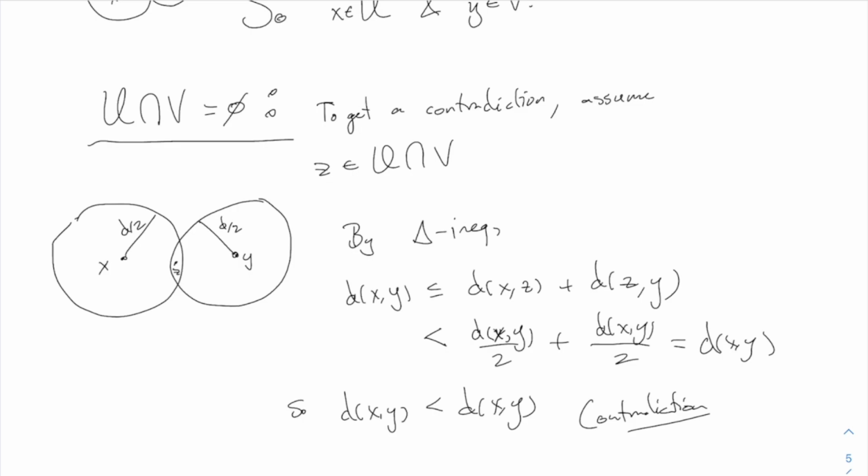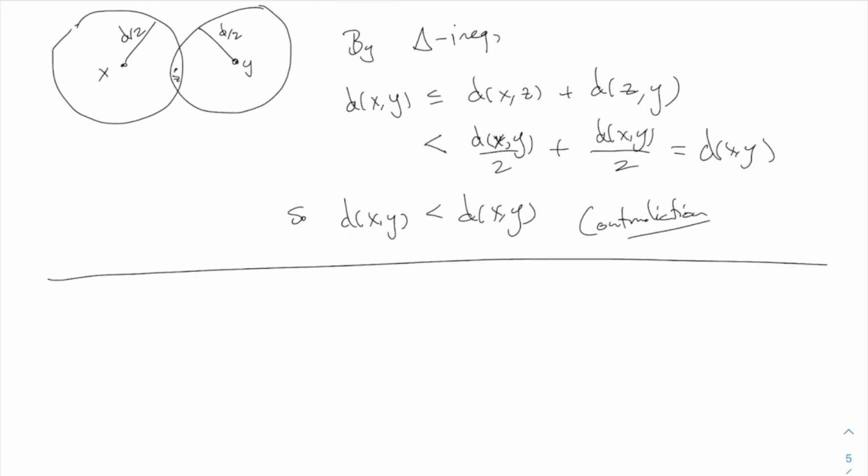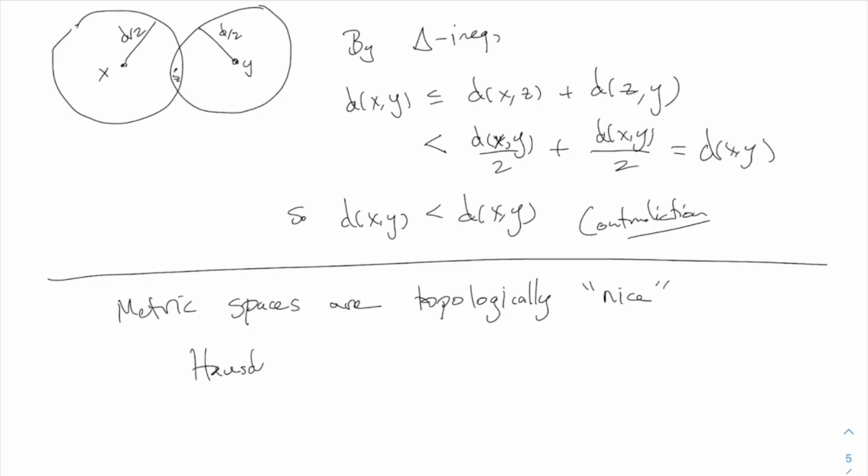So any metric space is automatically Hausdorff. That's the moral of all of this stuff. There are other nice properties of metric spaces. In general, metric spaces are topologically nice, because they are Hausdorff and have other nice properties, which our book actually does a lot more about, but I don't want to do that because I want to move on to some other stuff.